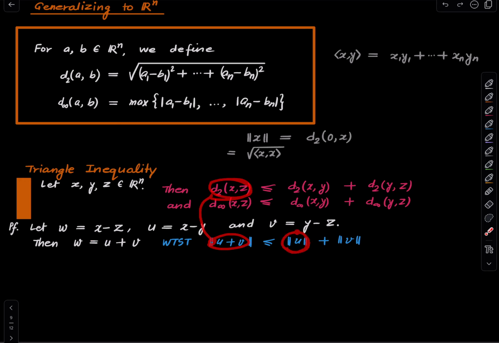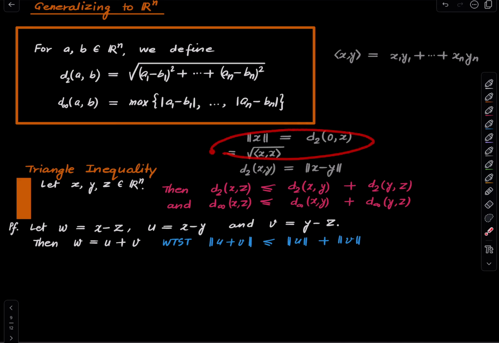Norm of x minus y is that, and norm of y minus z is that. So this equation is same as that equation. Let me write down the main thing that I'm using. Under this definition, this is nothing but norm of x minus y.